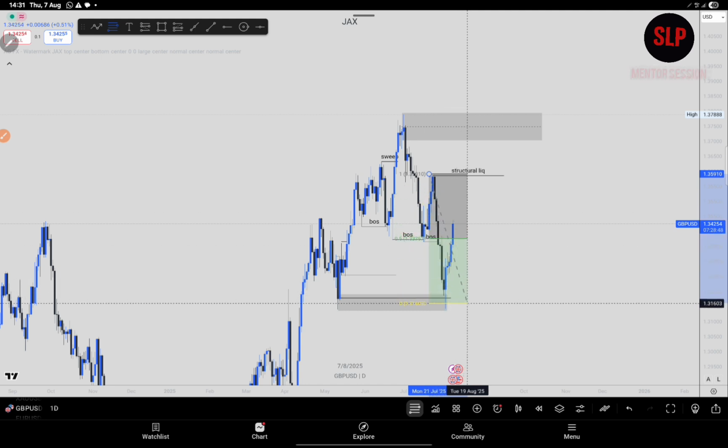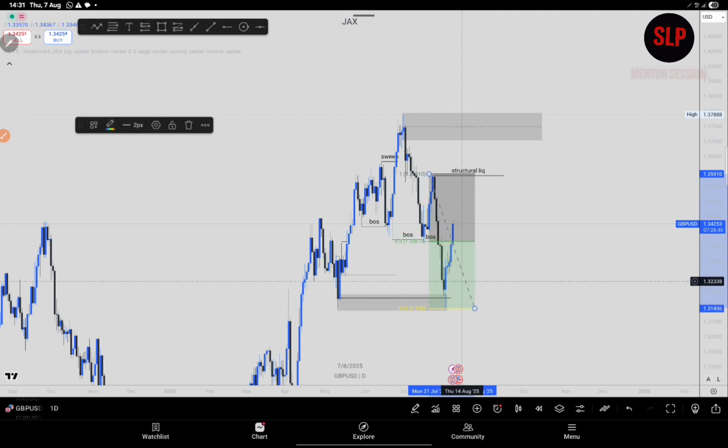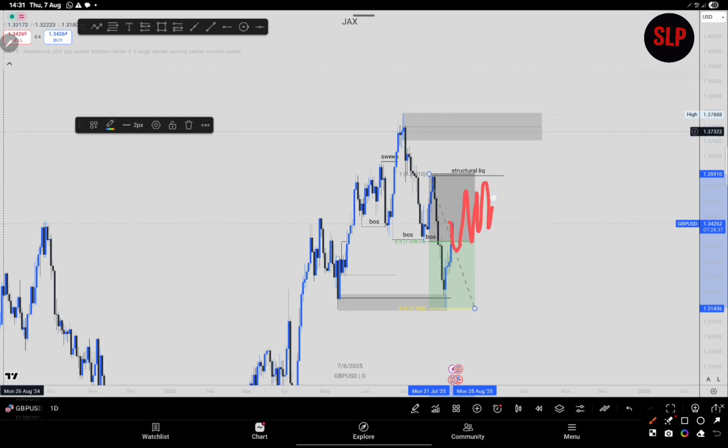This is the valid sell swing structure. From here to here, it might be a retracement. We don't expect price to have a smooth ride, so there might be pullbacks before price takes out the structural liquidity to tap into this POI.